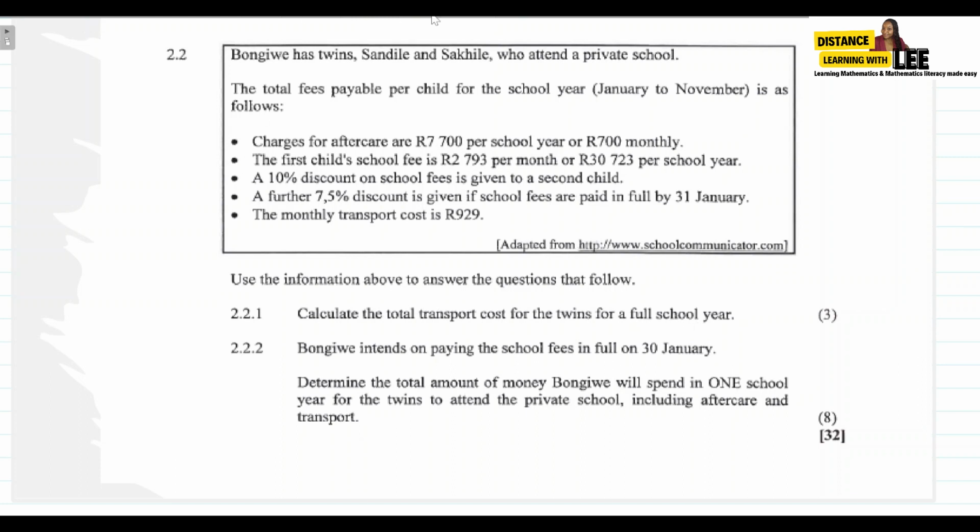We're going to focus on the information given here. We are told that the monthly transport cost is 929, and that each child pays 929. So how do we calculate the total transport cost for the twins for a full school year?